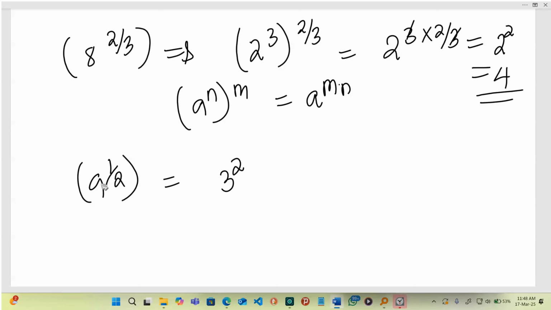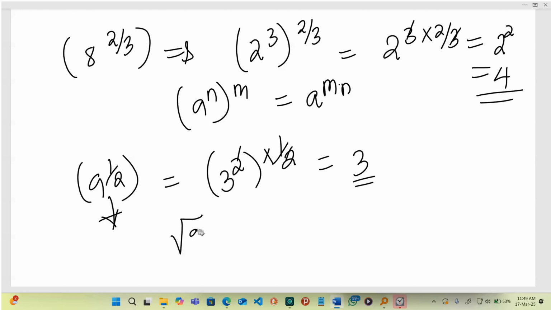So which number can I raise to a power 2 and still have it equivalent to 9? It is 3 squared. So I'll have 3 squared times 1 out of 2. So this and that will go, and I'll have 3. So this is the same as saying square root of 9.